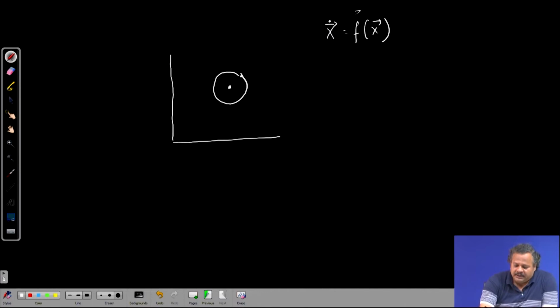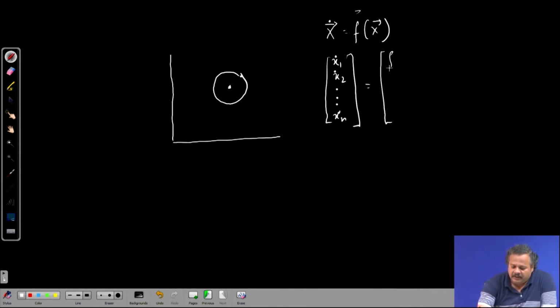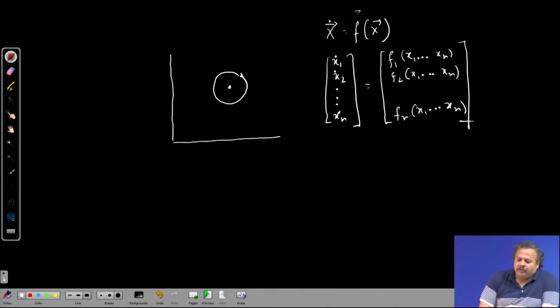Let us say the vector x is given by the elements x1, x2 up to xn, and these are the derivatives of that, and f(x) is basically going to be f1 as a function of x1 up to xn, f2 of x1 up to xn, up to fn of x1 up to xn.